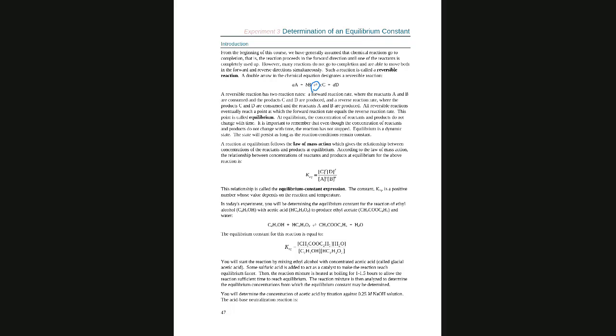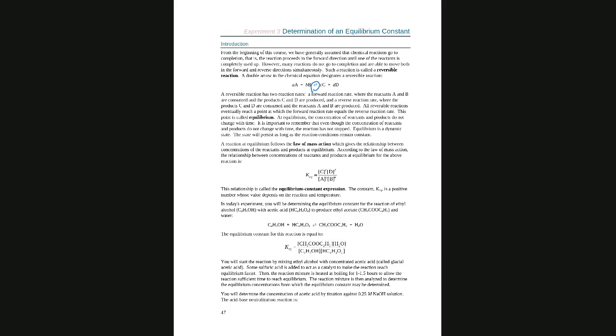Let's review what they are saying here. They are talking about what we just said, that we use a double arrow. What is interesting about these reversible reactions is that once they reach equilibrium, we have the expression of the equilibrium constant that relates the concentration of reactants and products.